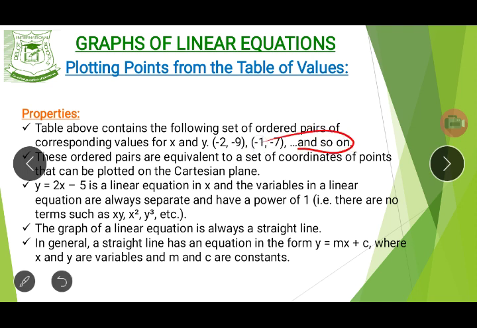Now another thing you should take note of, which is part of the properties of the table, is that all those ordered pairs, when x is -2 and all of these, the values of x and the values of y that you get from the value of x, are equivalent to a set of coordinates of points that can be plotted on the Cartesian plane.